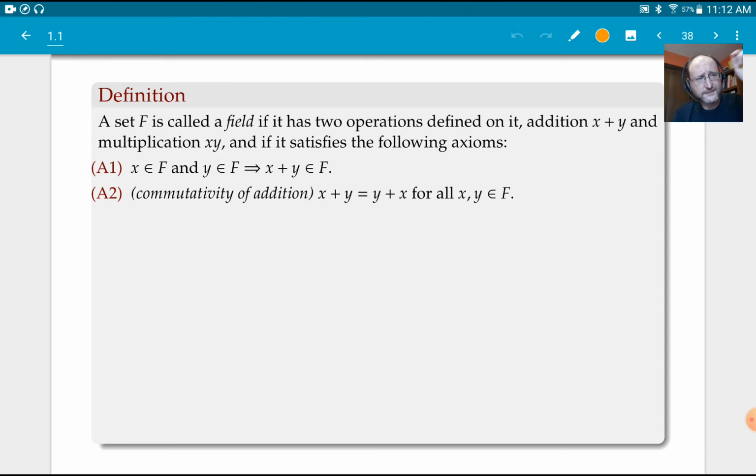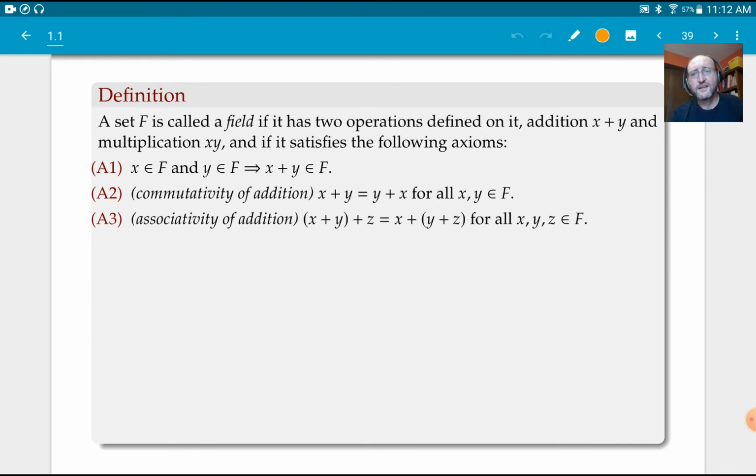Addition is commutative: x plus y is equal to y plus x. Associative: x plus y plus z is x plus y plus z. There's also a zero, an additive identity. That means there is some element, which we'll call 0, so that if I add it to any x, I get x back.